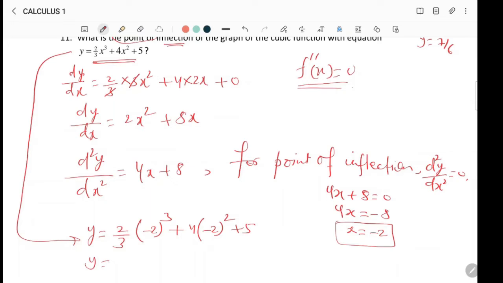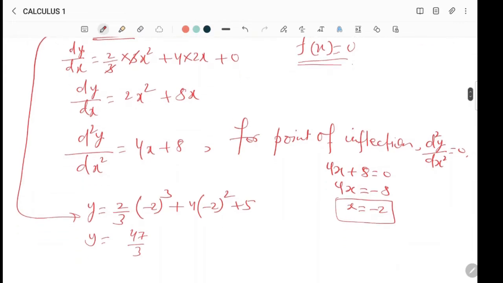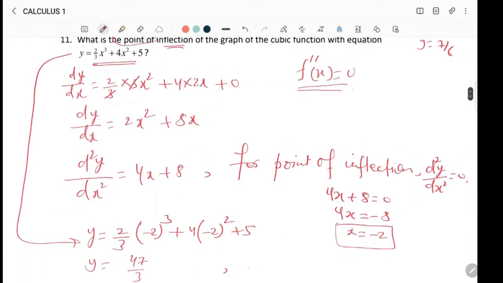So y equals, I will get 2 over 3 times minus 2 whole cube plus 4 times minus 2 whole square plus 5. I got 47 over 3. Okay, so what's the point of inflection? Point of inflection is minus 2 comma 47 over 3.